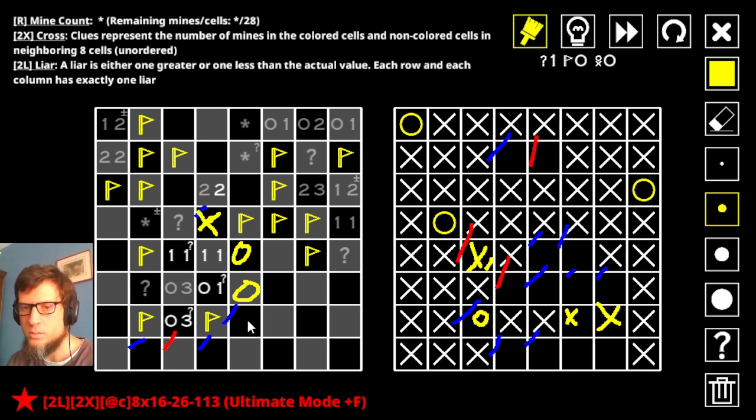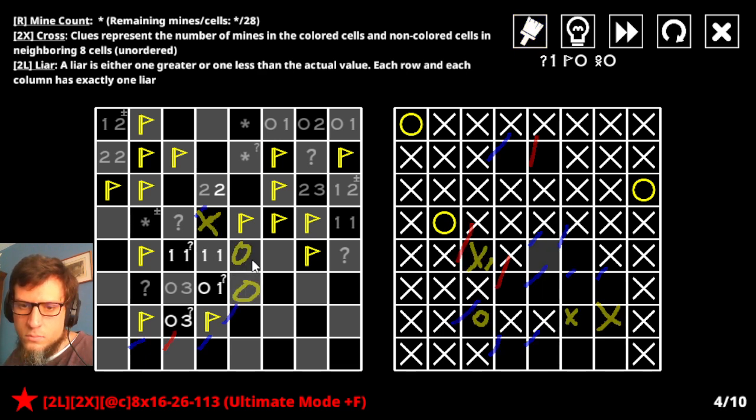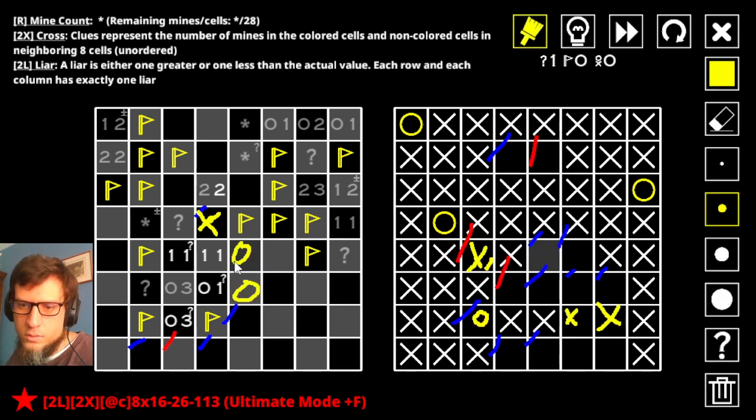I think, because... I mean, this might be a liar. Yeah, okay, those two squares are those two squares. So that, yeah, alright.